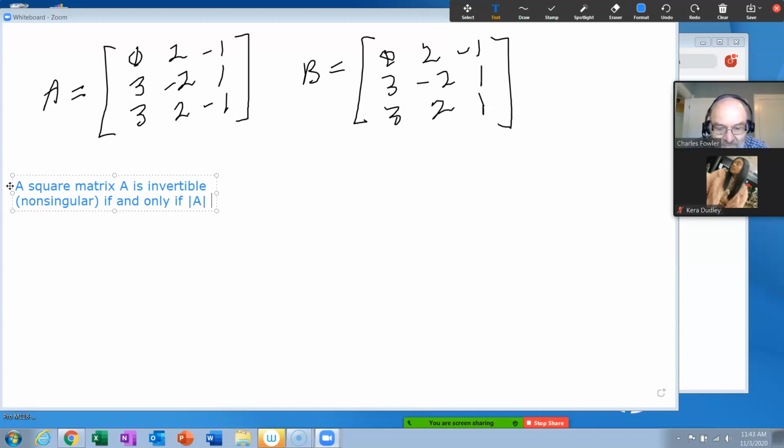I forgot that this has a symbol in it, and there is no not-equal-to symbol on my keyboard, so I'm going to have to just draw it in.